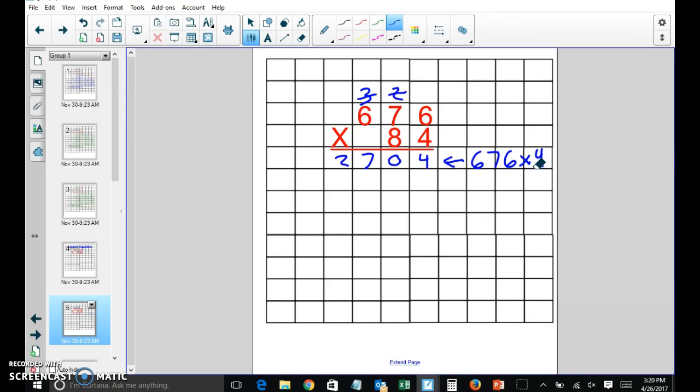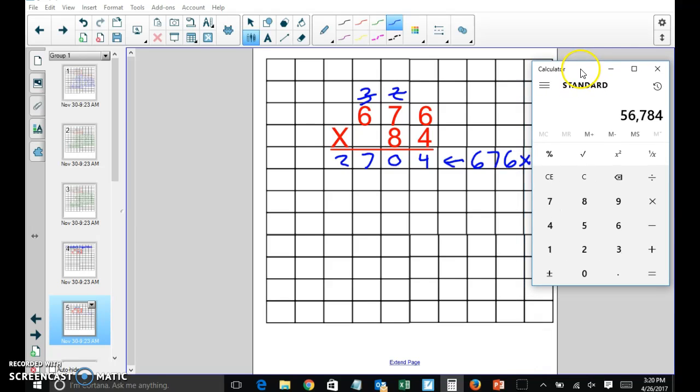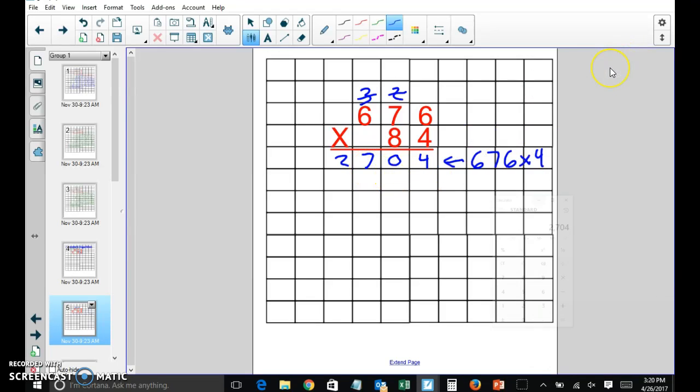Okay, now just in case you don't trust my math skills, let's use our resource here. Let's clear that out. So 676 times 4 equals 2,704.